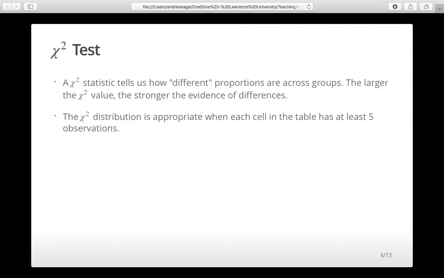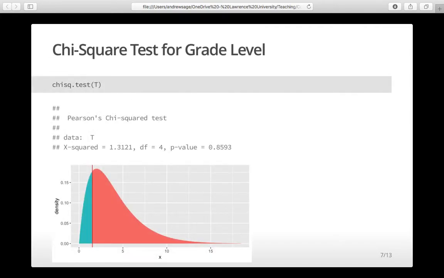Instead, we'll use R to calculate the chi-square test, and it calculates a chi-square value of 1.31. Now, we don't really know how big 1.31 is until we compare it to something, and in this case we'll compare it to a chi-square distribution, which you see shown below, and our value of 1.31 does not look very extreme at all.